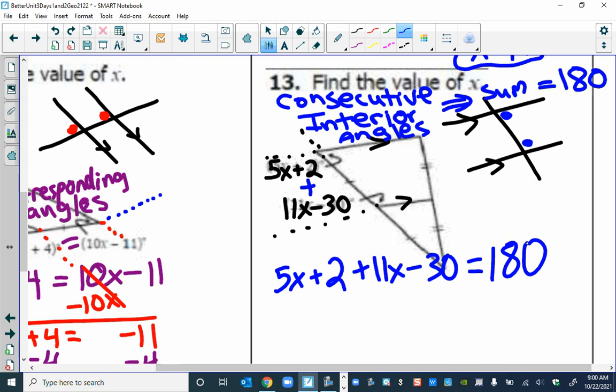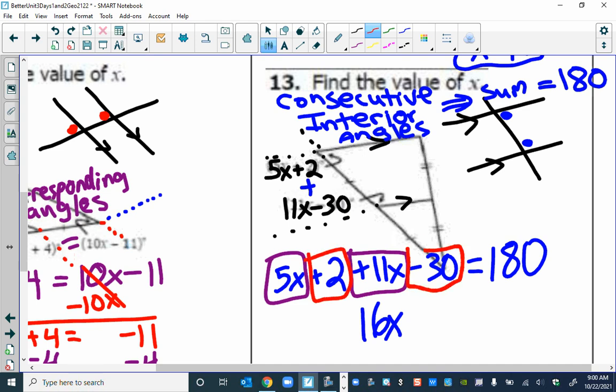Now, look where our x terms are. Same side, right? Same side of the equal sign. Well, can we combine them? Okay, so we have 5x and 11x. How many x's do we have altogether? 16x. Plus 2 minus 30.